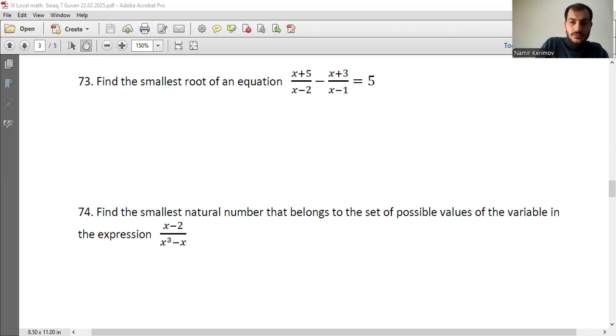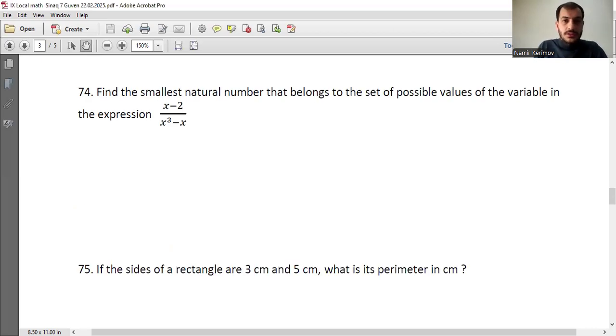Next question. Now find the smallest natural number that belongs to the set of possible values of variable in the expression.